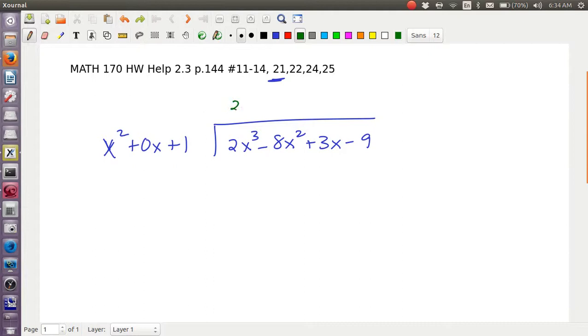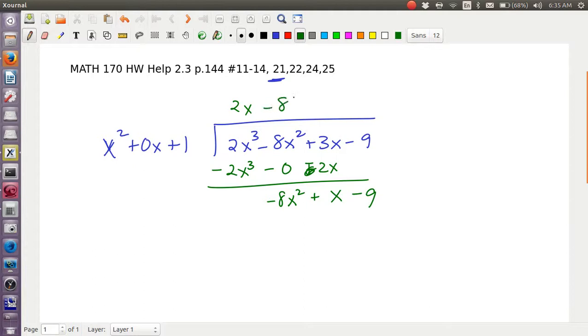Okay, so 2x multiplied by x cubed. This is 0. We subtract this out. 3 minus 2 is 1. Then we're just going to say minus 8.